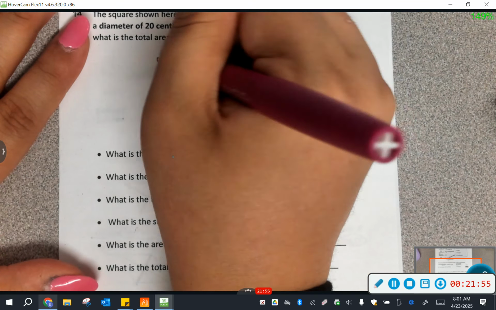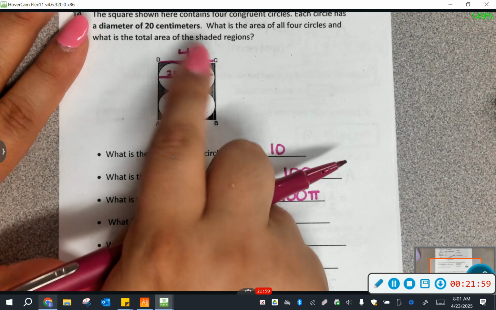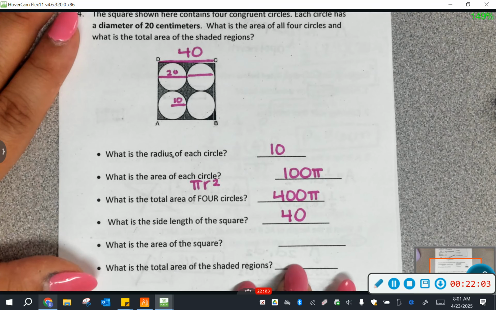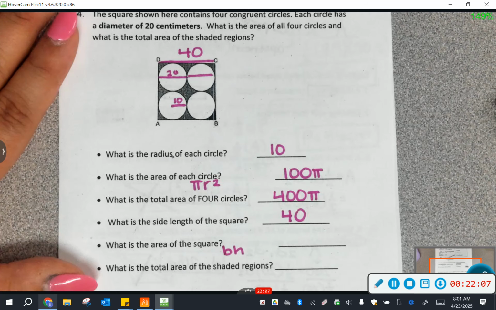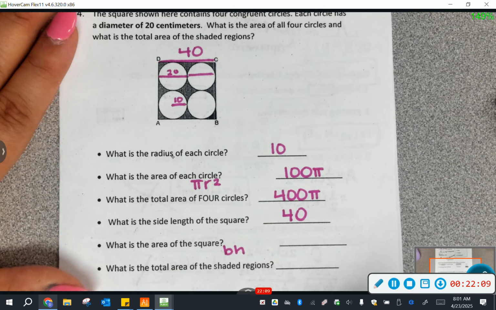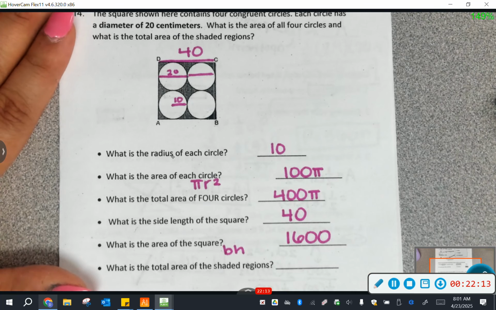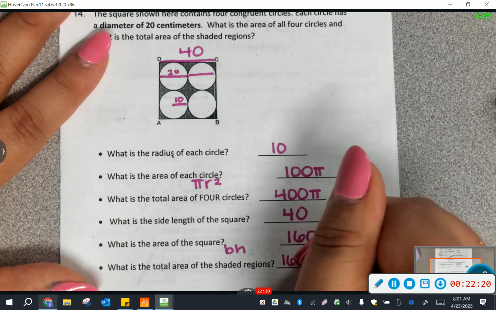Alright. What's the side of each square? Why would it be 40? Because you have 20 and 20, which is 40. So if that's the side of a square, what's the area of the square? 40 times 40, base times height, is 1600. And last but not least, how do you find the area of the shaded region? Subtract. Be careful tomorrow.